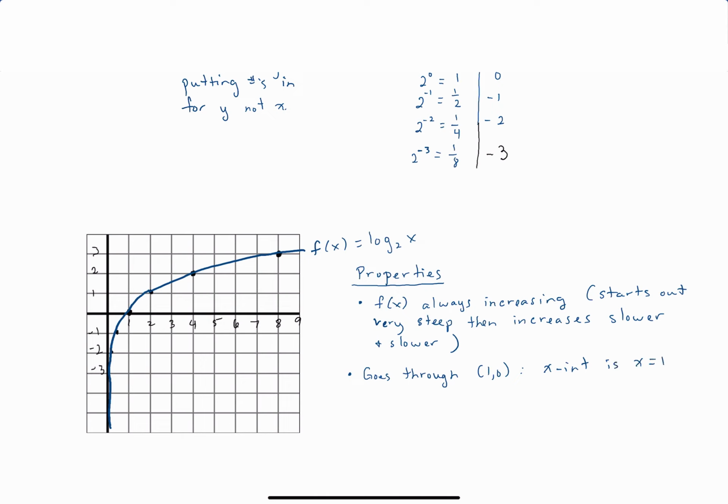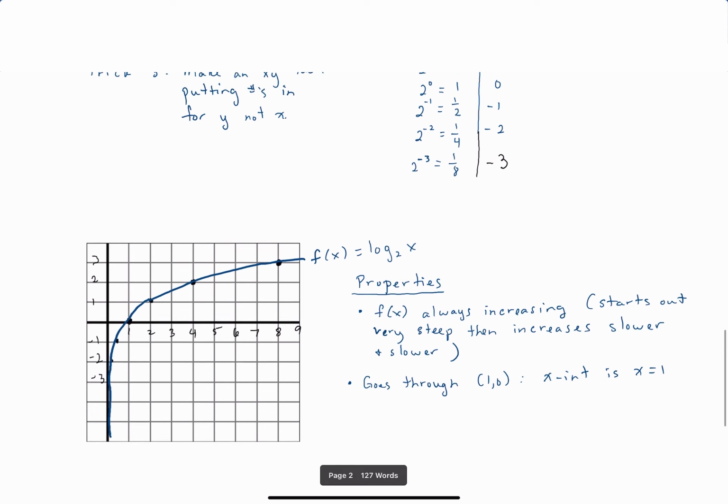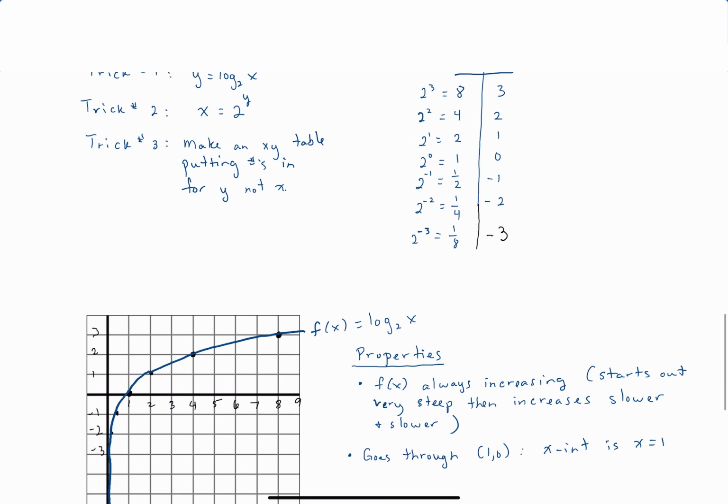By the way, these properties are not just for the log base 2 graph, they work for all log graphs. And you might wonder, well, why would they all go through 1, 0? That came from this line here, that calculation there, where the x that we computed was 2 to the 0, but it wouldn't matter what the base was. You're always going to get a 1 if you put in a 0 for y.